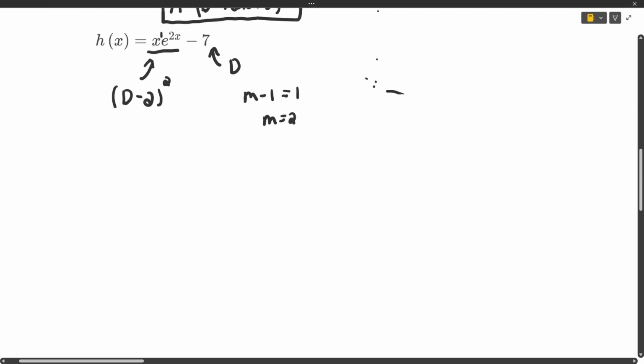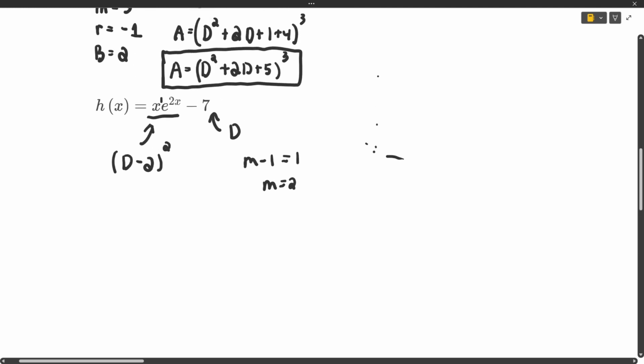Okay, so now we have that. This is actually going to be a great example to show how you would go about solving the question we just did before this, because this works out quite nicely to demonstrate how that works. So let's test this out. So we have d squared minus 4d plus 4.